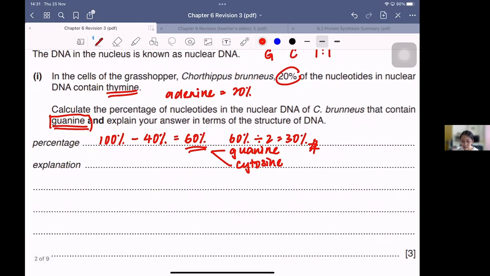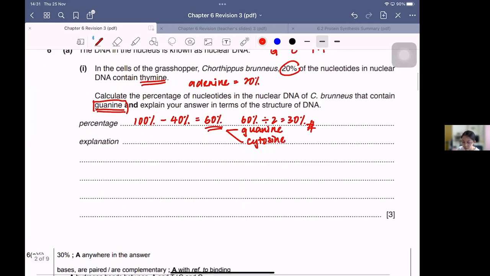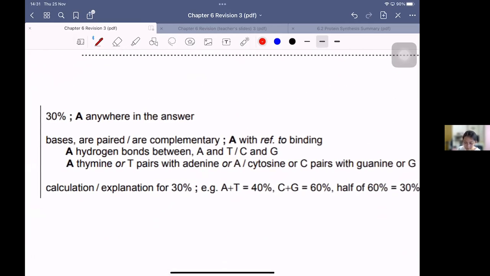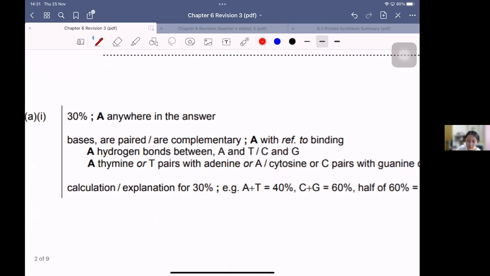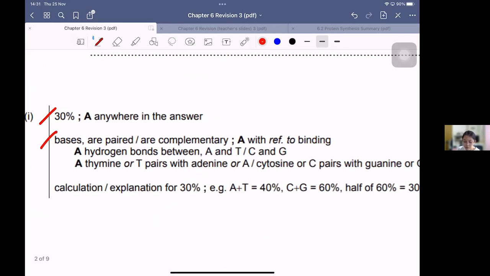So for explanation, let's take a look at the mark scheme. For just now, we got the answer 30%. For explanation, we can say that bases are paired or are complementary.